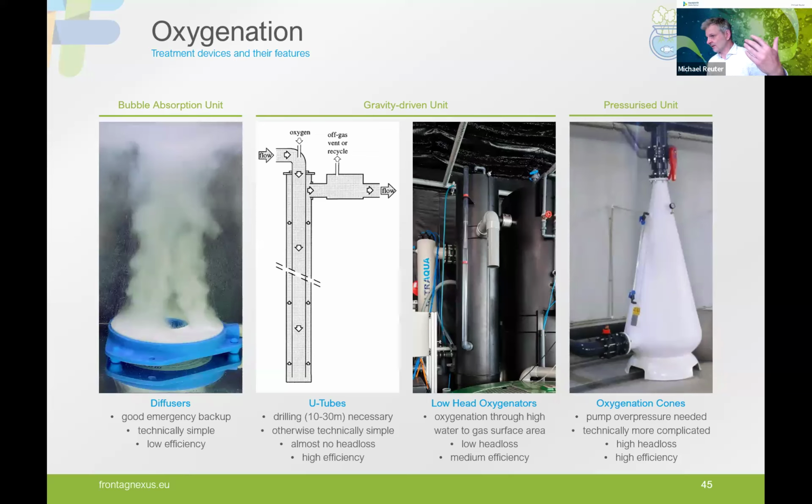Best would be 100% of the gas getting dissolved, because oxygen is expensive. And if some of the oxygen bubbles get out of the water on top of the water surface, we will in fact lose money because we put in more oxygen than was absorbed by the water.